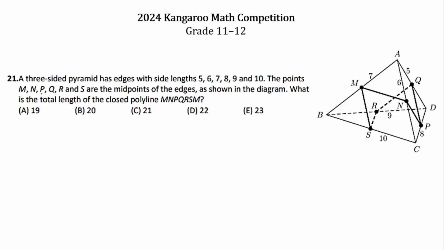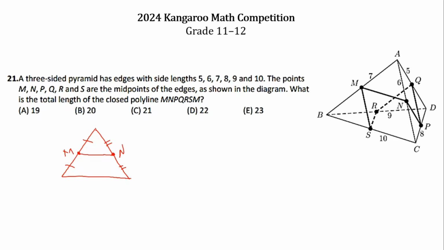Alright. Recall that we have the so-called midline or mid-segment theorem. So what does this tell us? The midline or mid-segment theorem tells us that in a triangle, the segment that connects the midpoints of two sides, let's say MN, is parallel to the base of the triangle and is half the measure of the base.